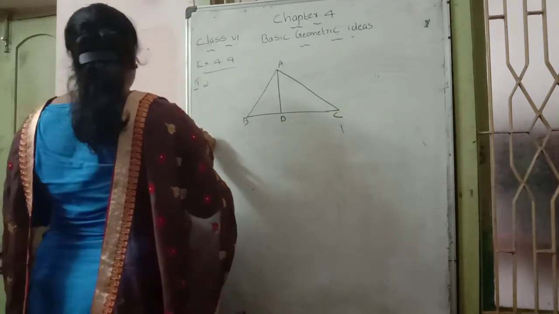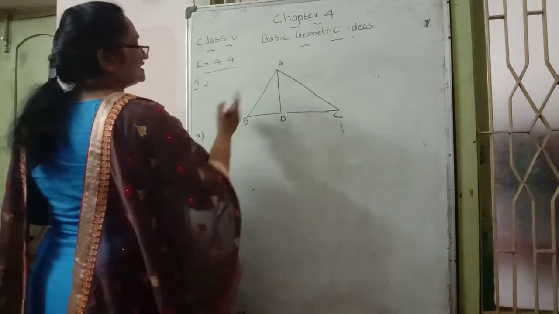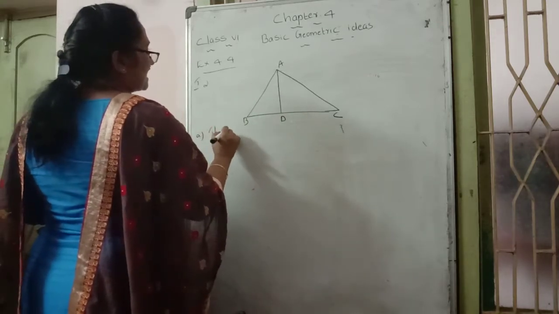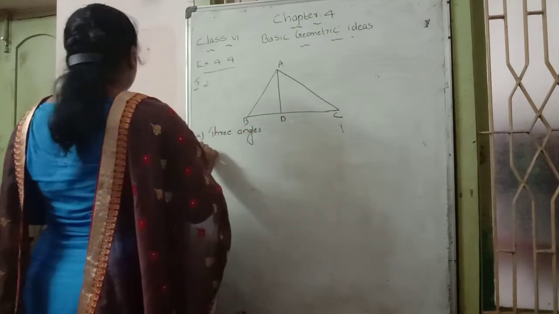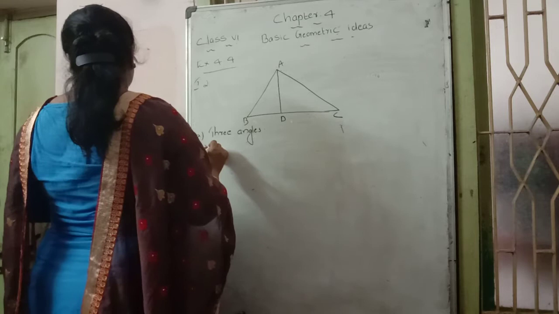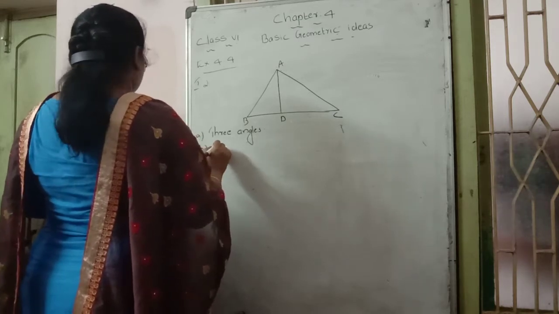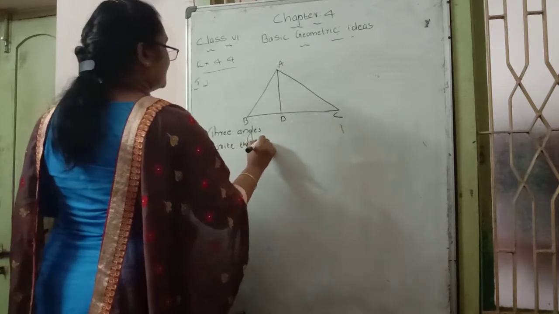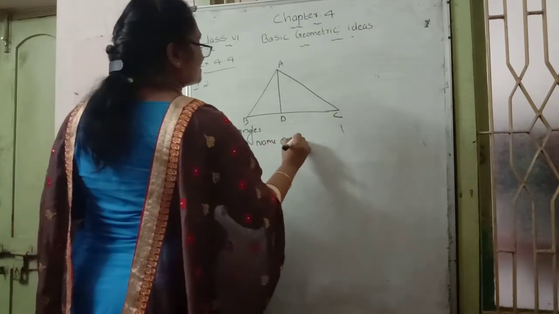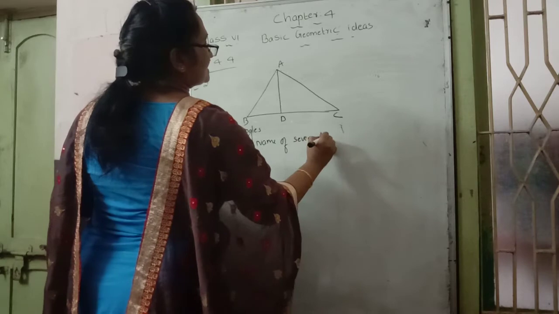Looking at this diagram, the first part asks us to tell three triangles. The B part asks us to write the names of seven angles.